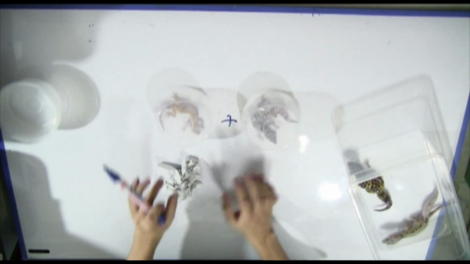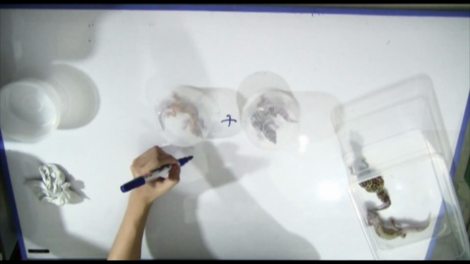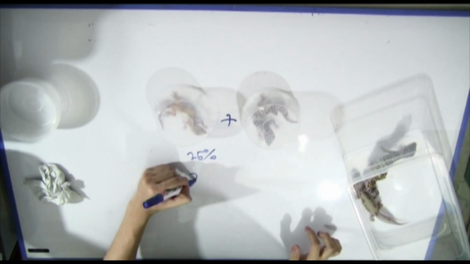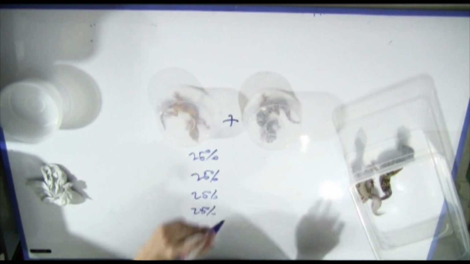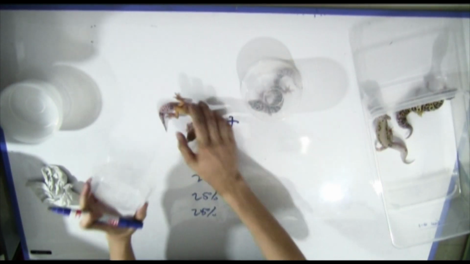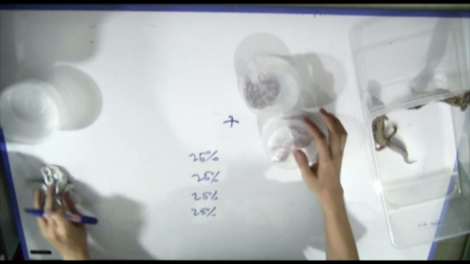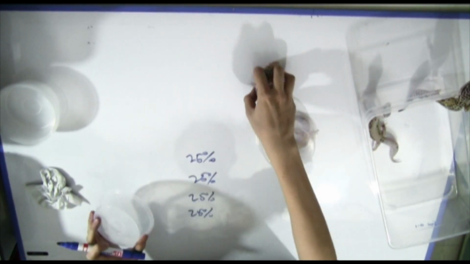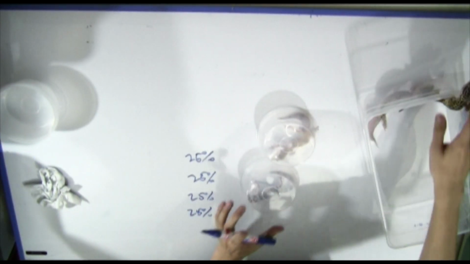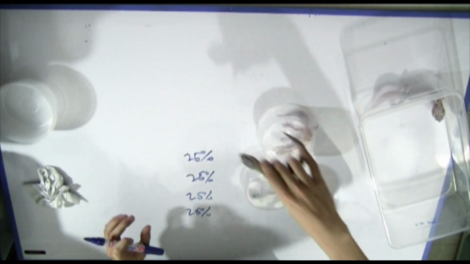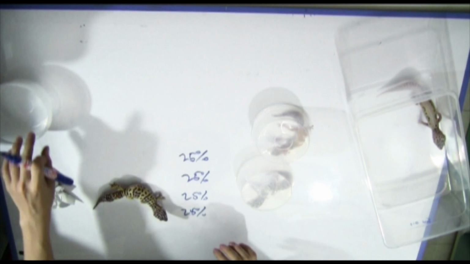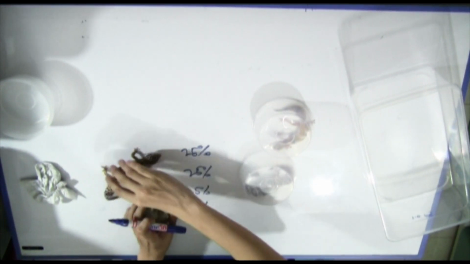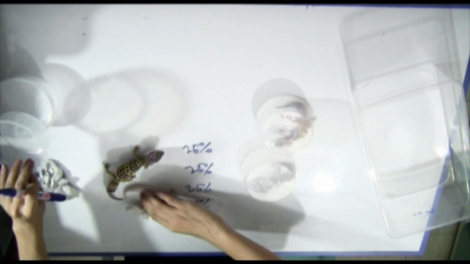And by pairing these two together, a snow to an Enigma, what you will make is essentially this. When paired to each other, there will be 25% chance of an Enigma, 25% chance snow, 25% chance normal, and the sweet spot, 25% chance of a snow Enigma.